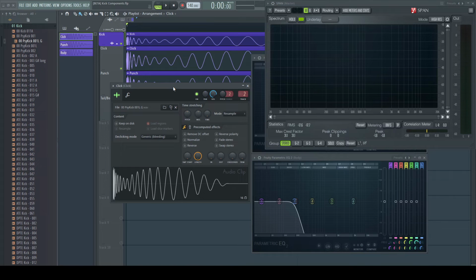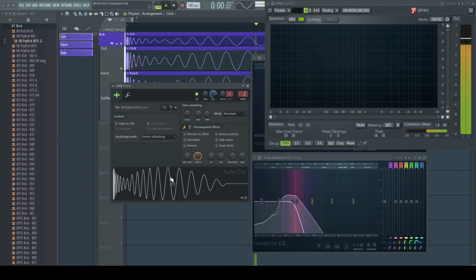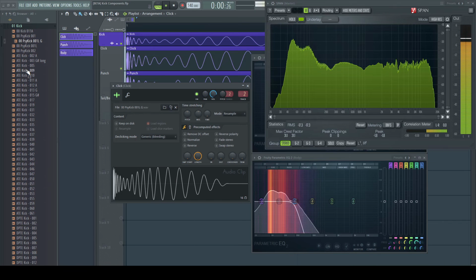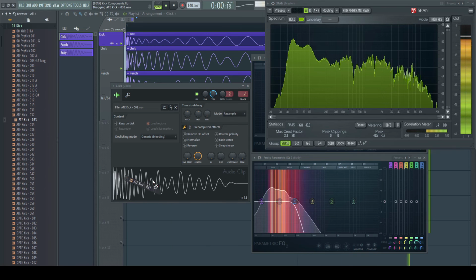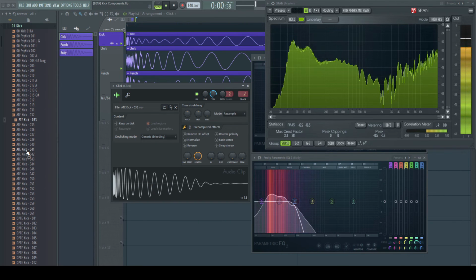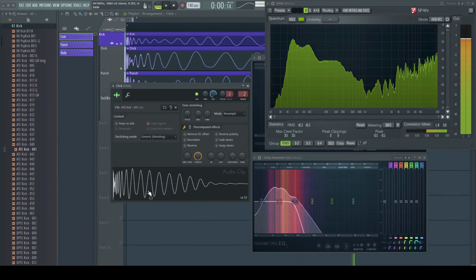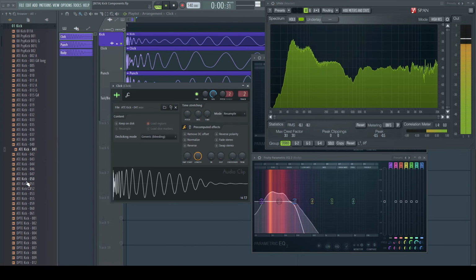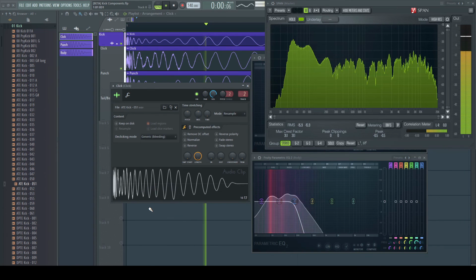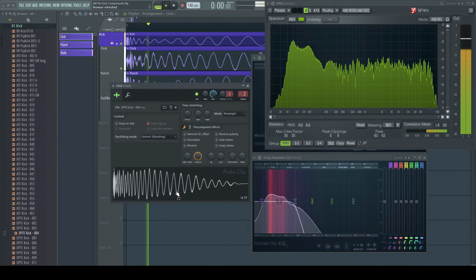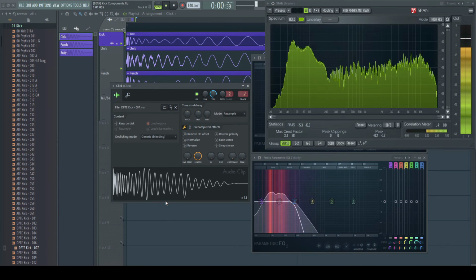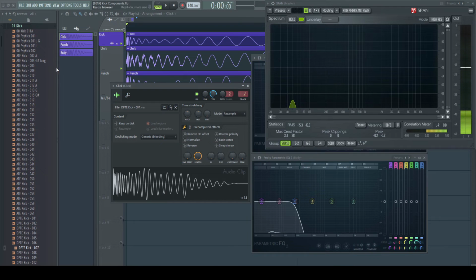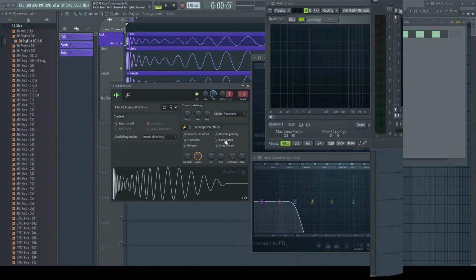Now the body and the pitch of the kick stays the same, but the character of the kick changes drastically.